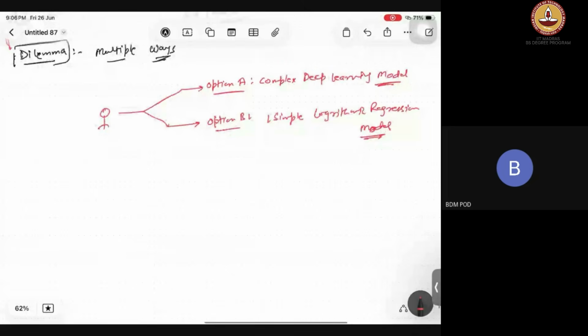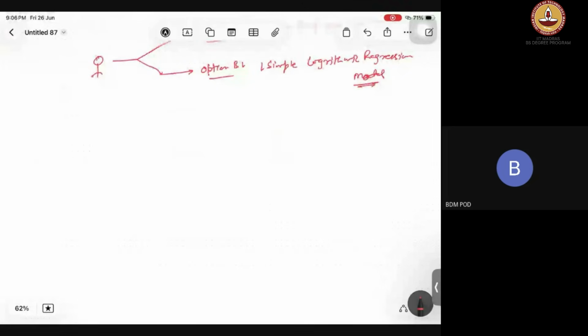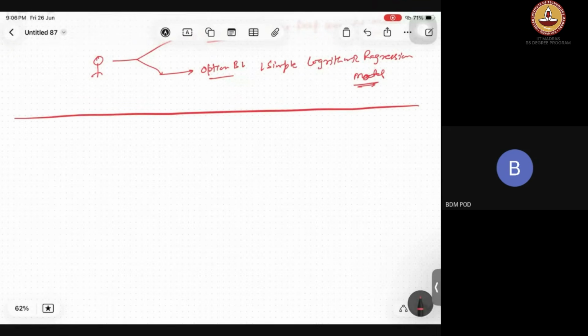Okay. So now, what are the different aspects or capabilities of these two models, and what should be the cost associated with the model? Now try to understand. This is the second stage where they are going to analyze.